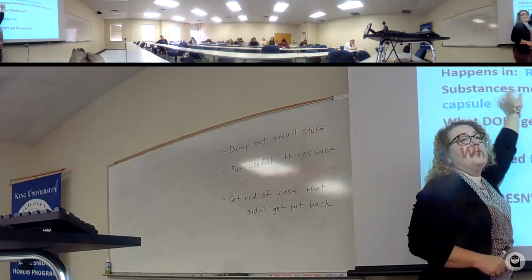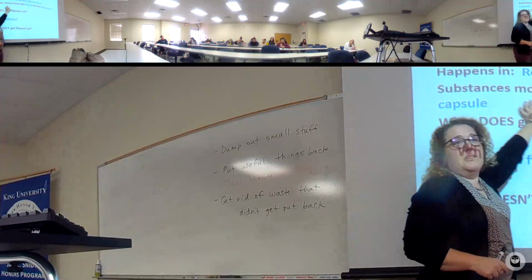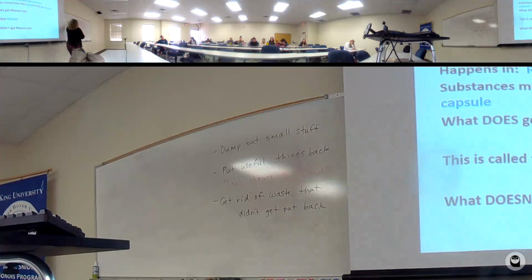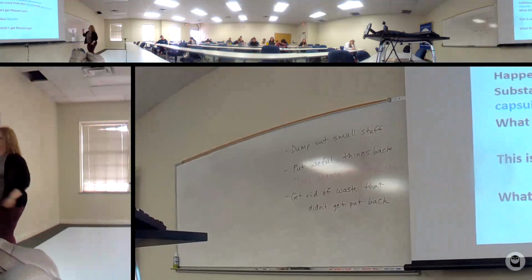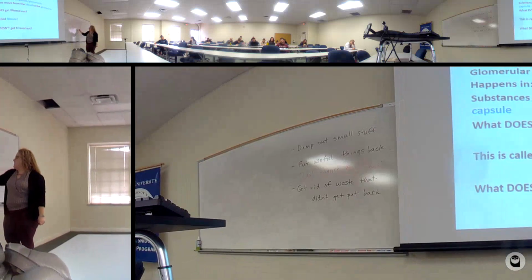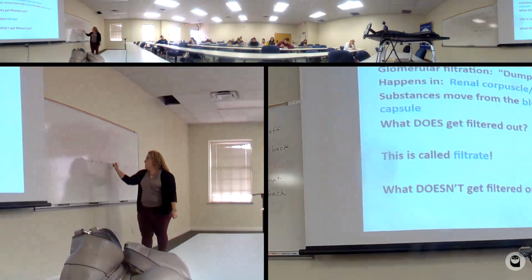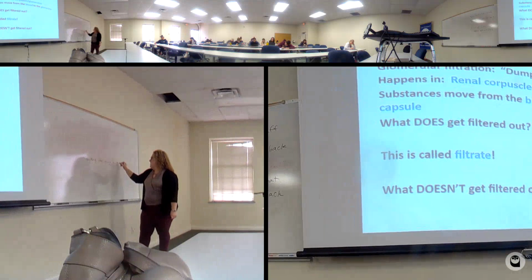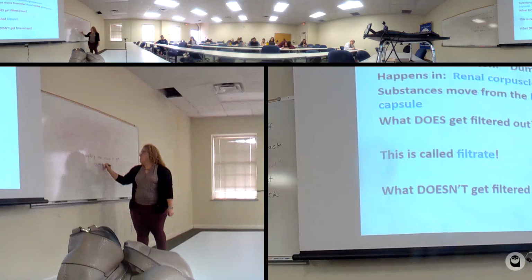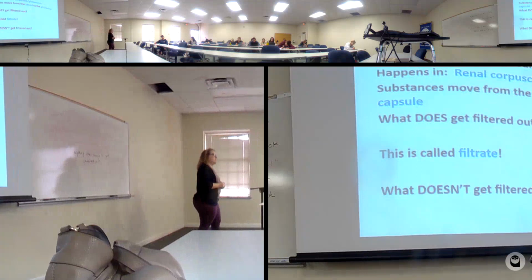So we've got stuff moving from the blood into the tubule system in that liquid that we now call filtrate. And here are the things that can go out. The things that get filtered out in this way are anything small enough to get squeezed out through those holes in the capillary. Anything small.